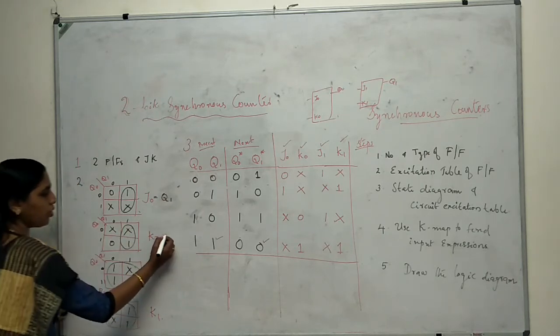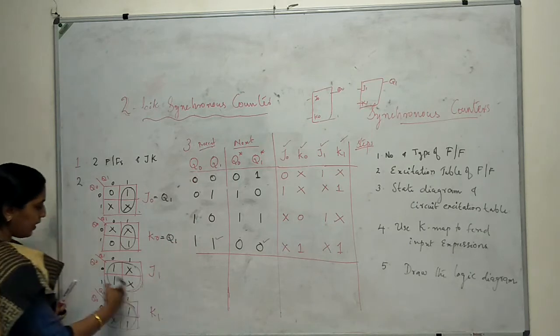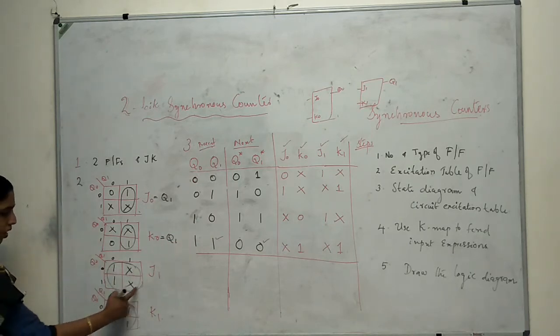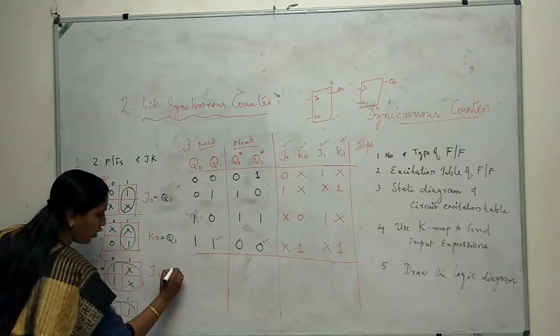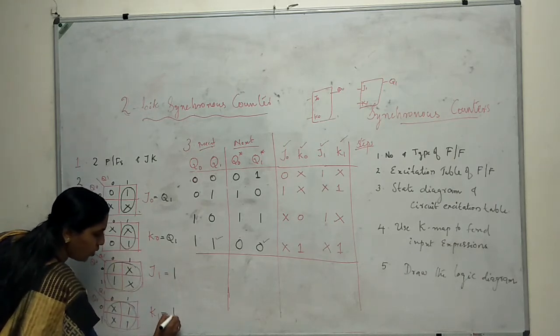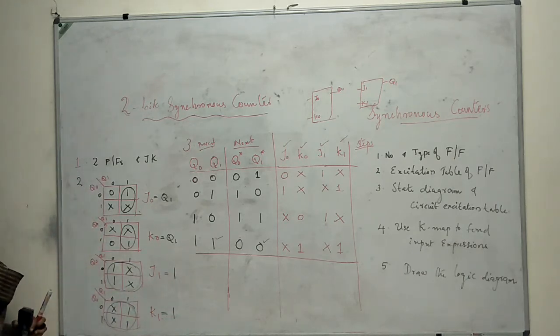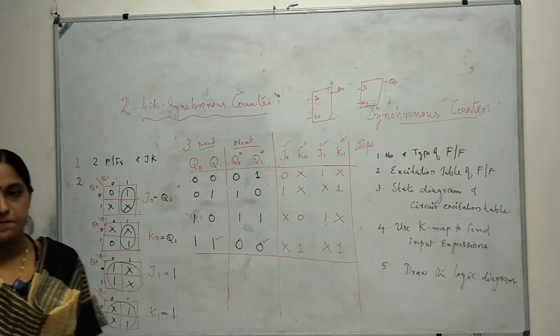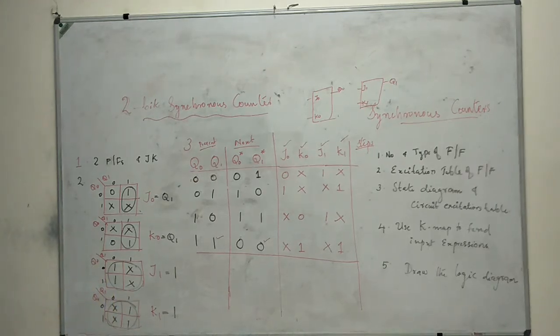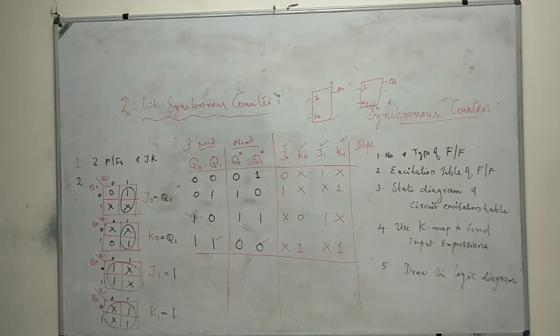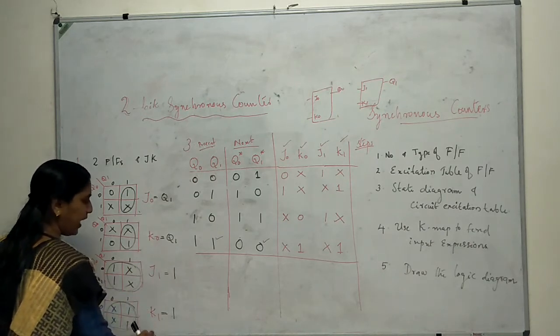K naught is also Q1. Then what about J1? J1 means we can select all together. So J1 is equal to 1 and K1 is also 1. So this is our normal K-map simplification. Okay. So now we got the expression for J0, K0, J1 and K1.